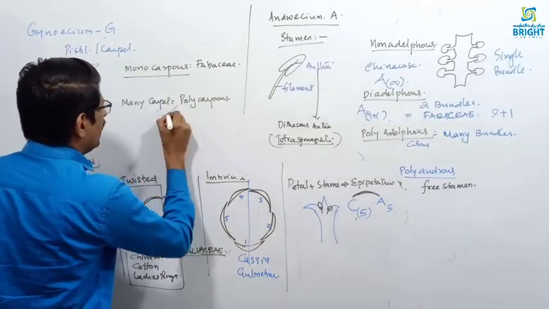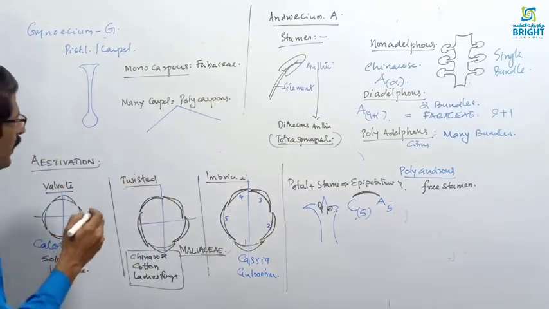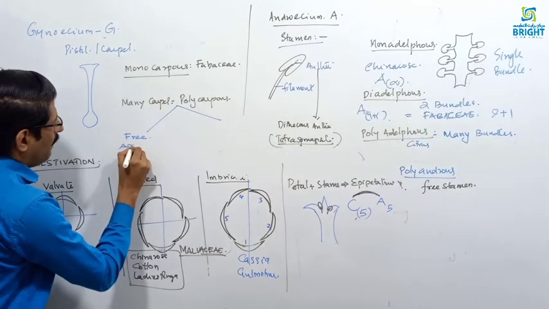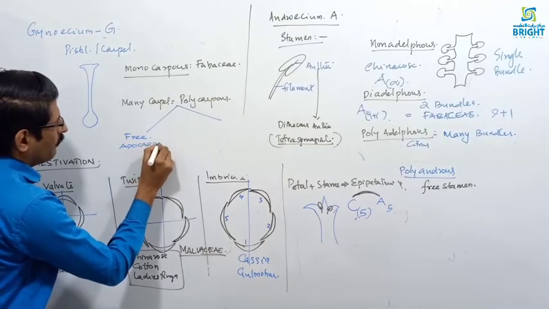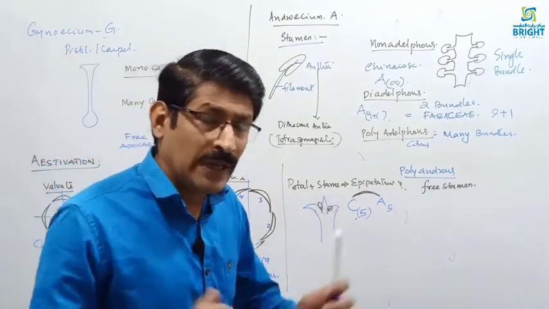And polycarpous can be divided into two types. When many carpels are present and each carpel is free, it is called an apocarpous ovary. Apo means free.